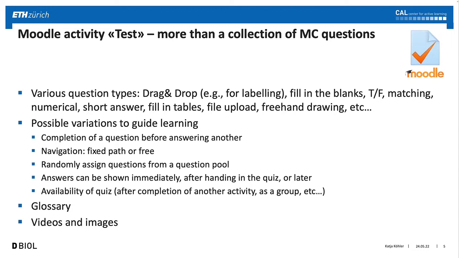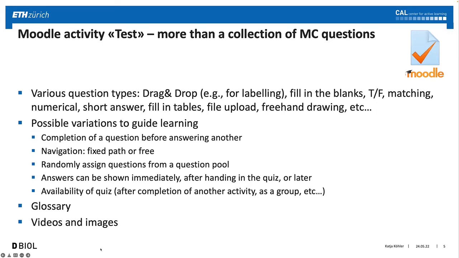You can also guide learning a little bit with the test. For example, you can make questions dependent on each other. Somebody can only answer the next question if they have answered the first question. You can also play around with the navigation. You can make a fixed path so that students cannot go back to different questions, or they have free navigation, depending on how you want to structure your activity.